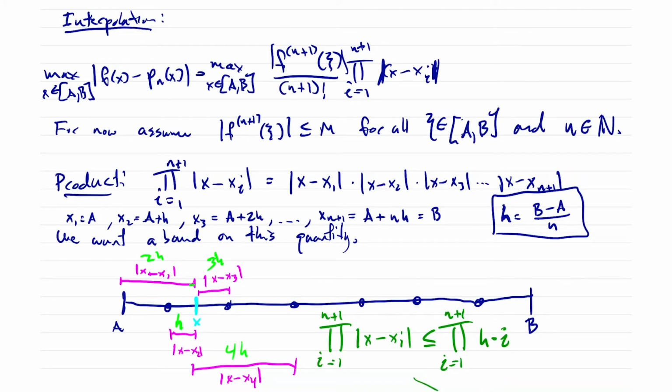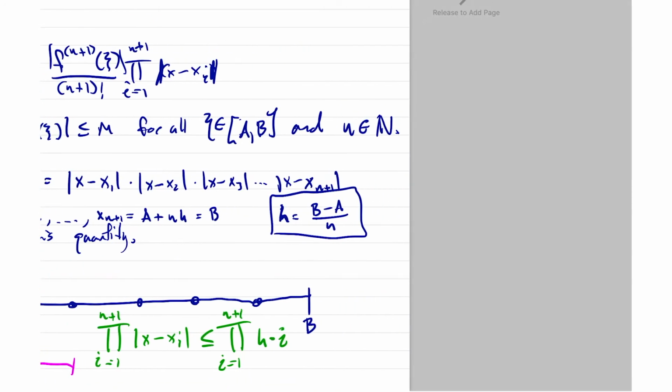So now we want to talk about some way to get a bound on this term. And this is actually kind of fun. All right, so now let's examine the upper bound. And this is a typical thing you would do in numerical analysis. So we have h and i both positive, i going from 1 to n plus 1.